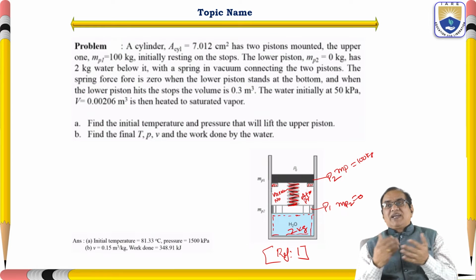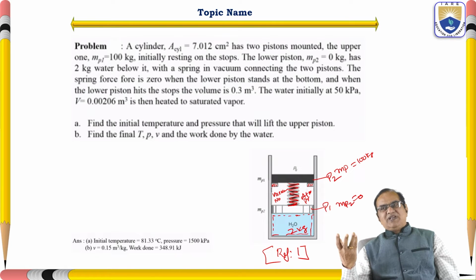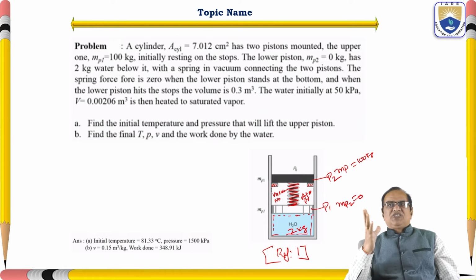So at what condition is it lifting? Find the final temperature, pressure and specific volume and the work done by the water. These things we have to find out, and we will see how we can go ahead. It is like the previous one, with a little difference.